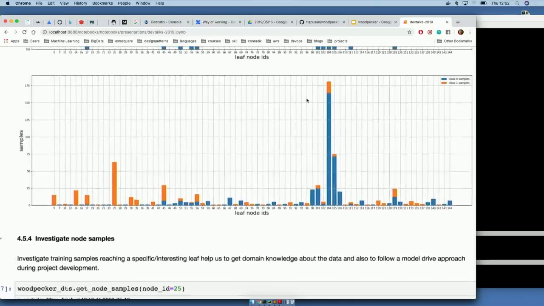If you look at these leaves, you can see something interesting. This leaf contains a lot of samples from the training set, or for example, these leaves contain only samples from the training set who survived. So it's interesting to ask why the passengers from this leaf with number 25 survived on the Titanic.